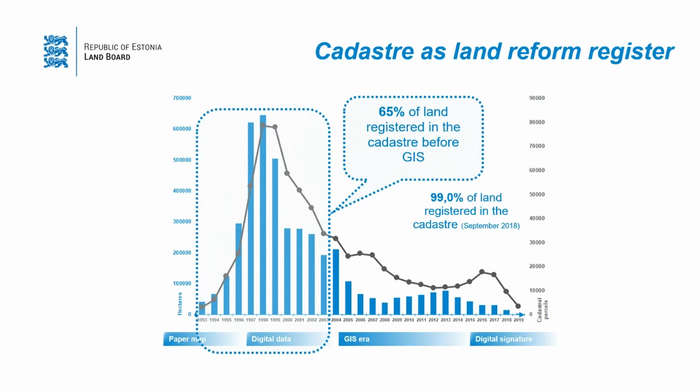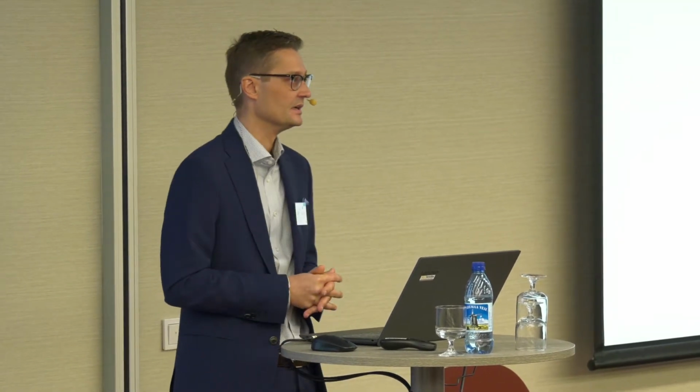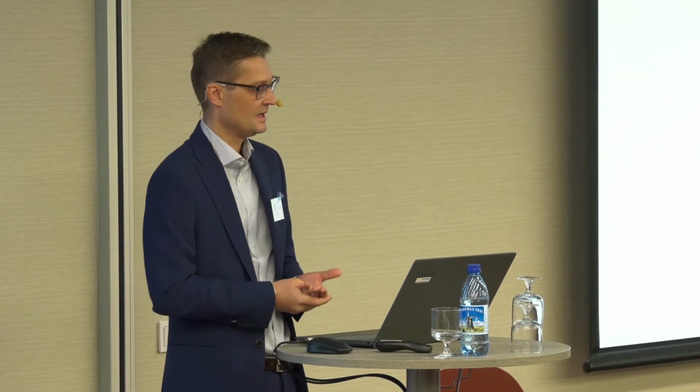Most of the land has been registered in the cadastre. And now the big question is what the land cadastre should be for. What is the purpose of the land cadastre? We think the main purpose of the land cadastre is to be the basis of land management or land consolidation information.